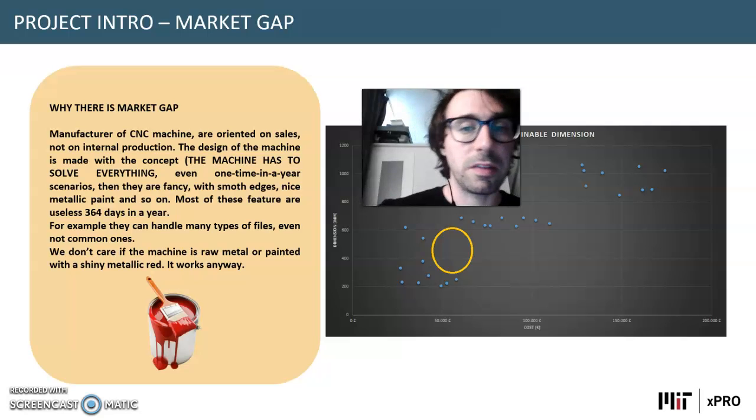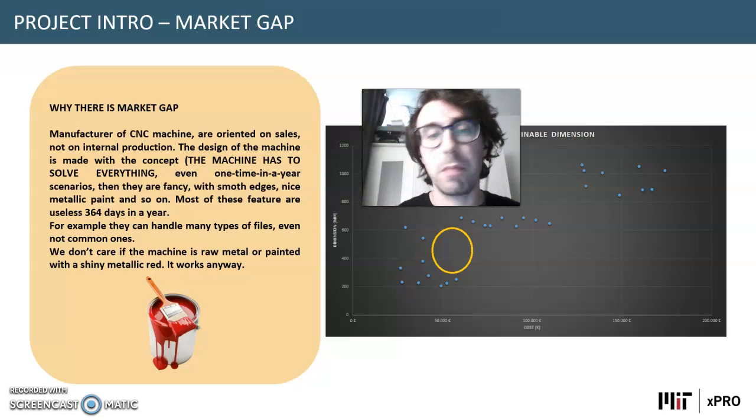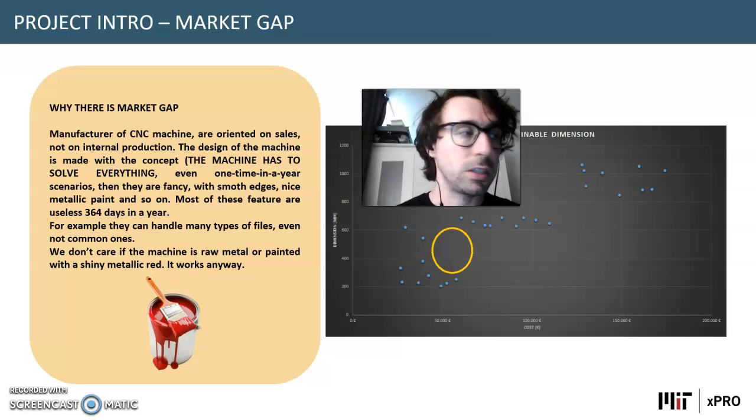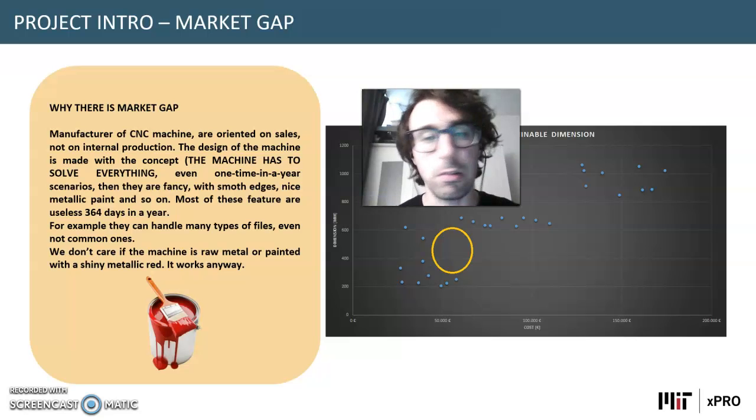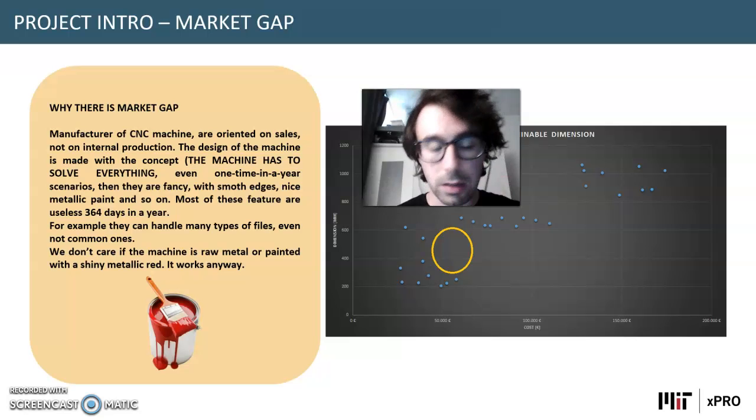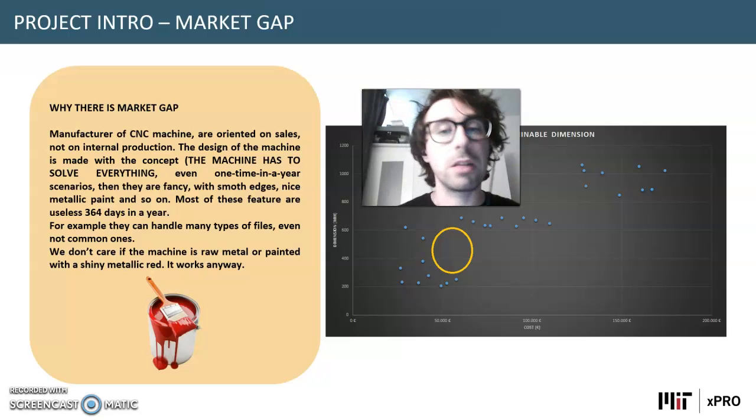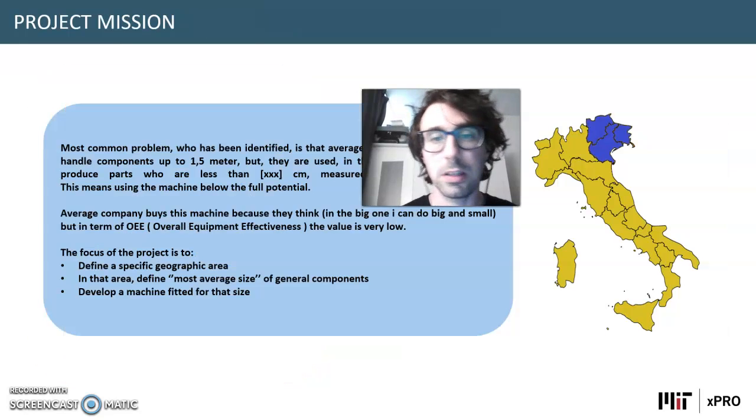For example, for the file, I don't know, 80% of the market is using G-code. Other machines are using Heidenhain control or Fanuc control. And they want to implement all of this because they have to sell the machine, and the machine has to be effective in all possible situations. But this is not our target.